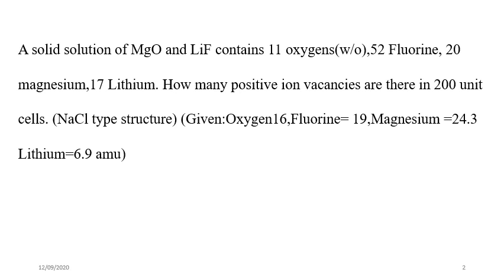So if we assume a total of 100%, in that 100%, 11% oxygen ions are there, 52% fluorine ions, 20% magnesium and 17% lithium ions are present. So in order to solve this problem, we will see the solution.